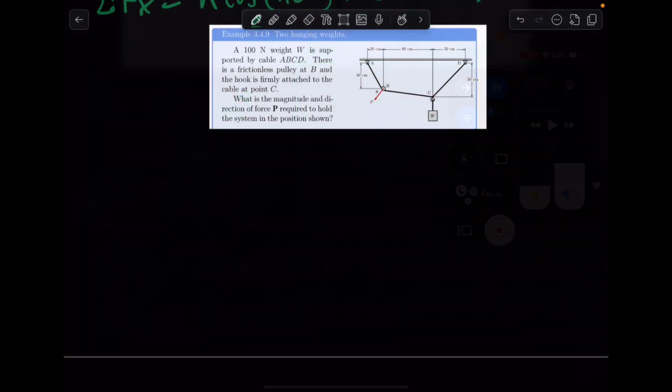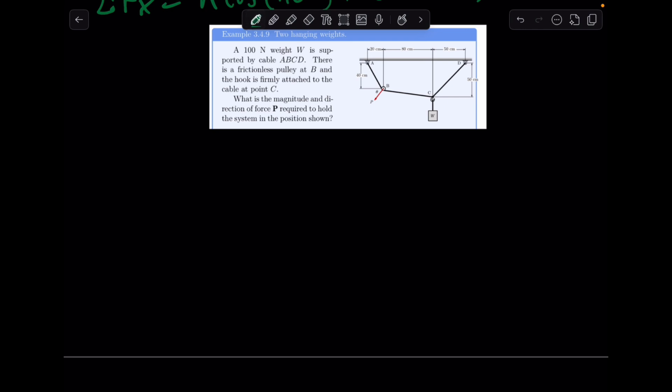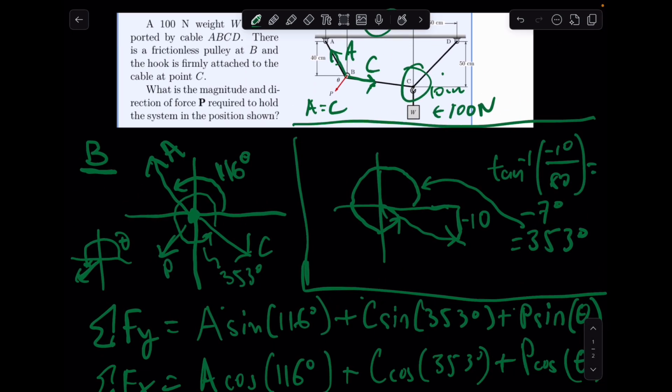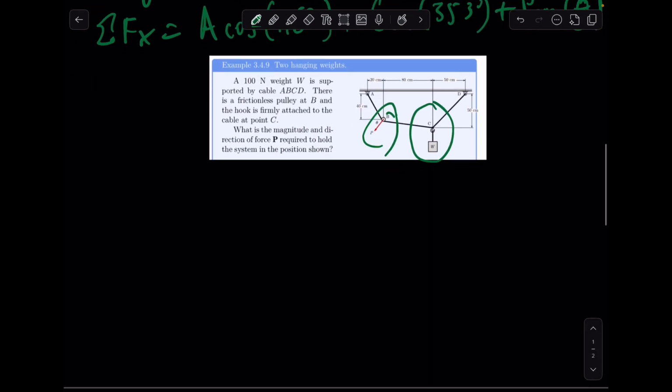We're going to continue with our free body diagram of point C. We already have the point B free body diagram and the equations here. Now we're going to do one for point C.